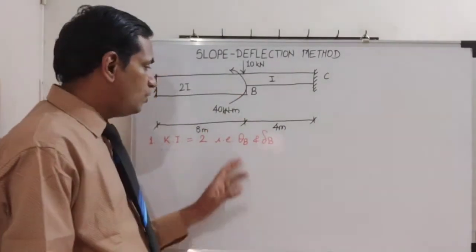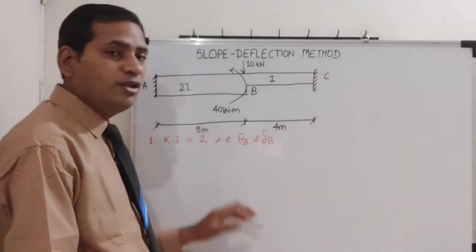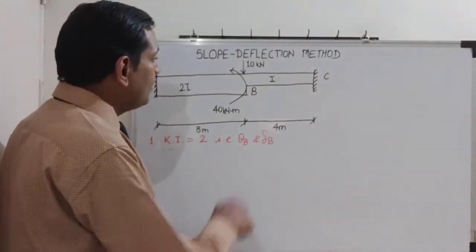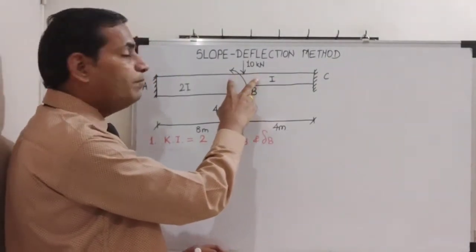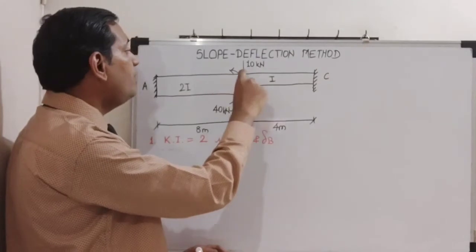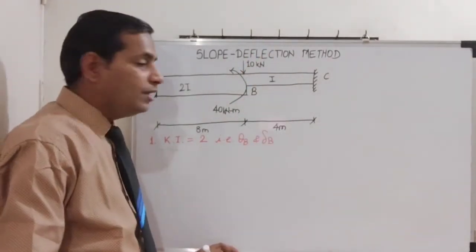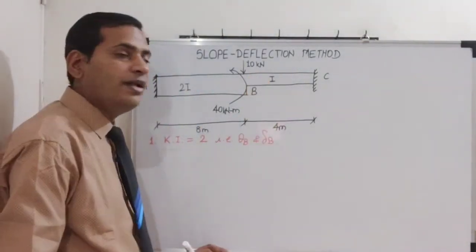Now why are there two displacement quantities on this particular joint? There is a reason. This is a junction of two different beams having different depths. If you see, this is 2D and this is 1D. That is why the moment of inertia here is 2I and 1I.